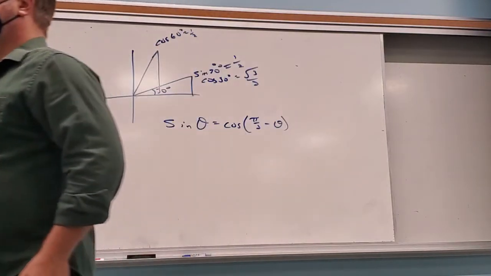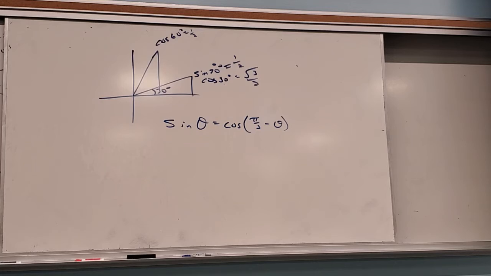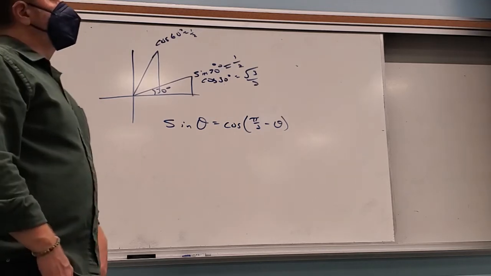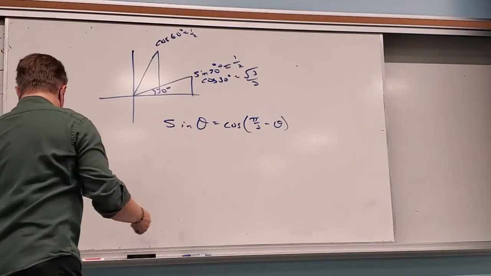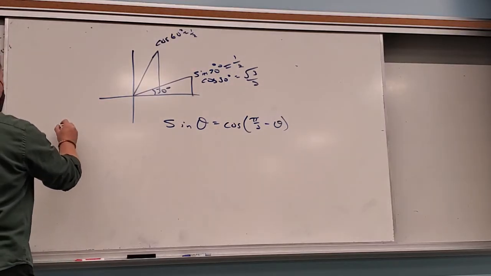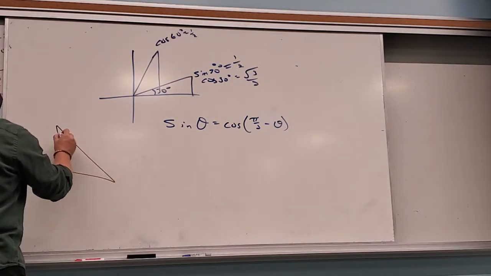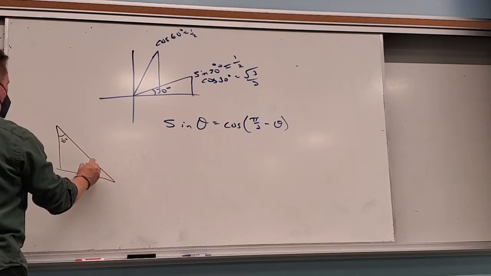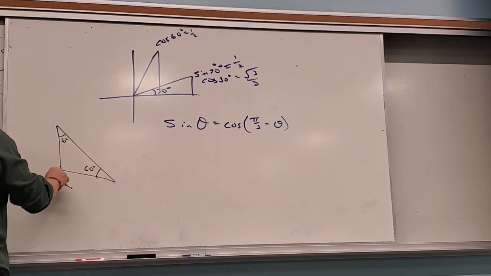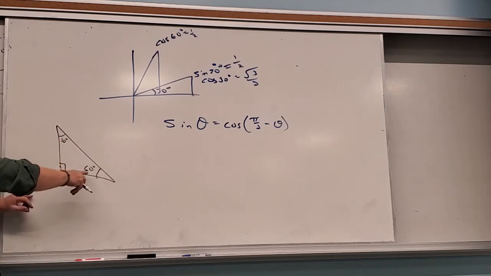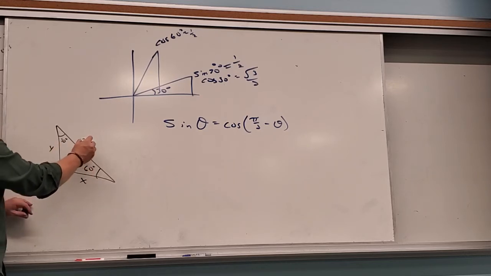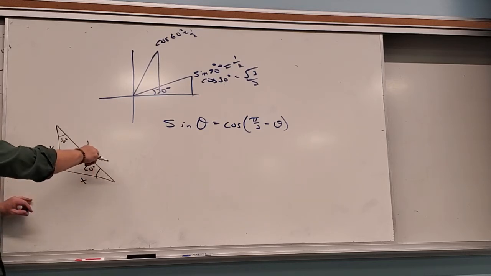Okay. So that's something kind of good to notice now, is how those work. And another way to look at that is, if I have a triangle, let's say this is 30 and this is 60. Cosine of 60 would be x over the hypotenuse, correct?